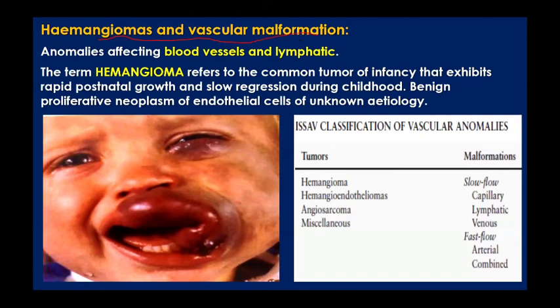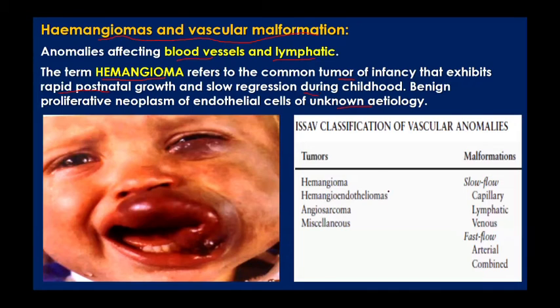Also this is a congenital anomaly, either in the blood vessels or in the lymphatics. Hemangioma is congenital and occurs in children. It is a common benign tumor of unknown etiology, and it usually shows rapid postnatal growth and regresses during childhood.